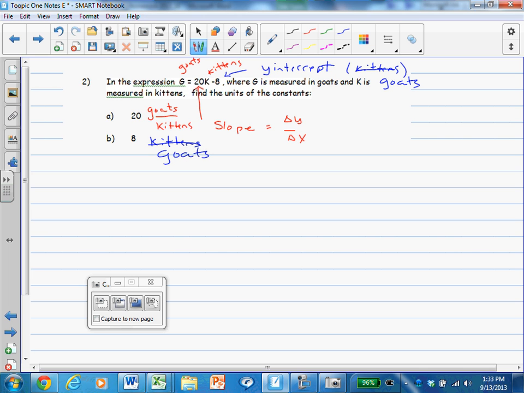So if I said, how many goats do you have if I give you 3 kittens? It's 20 goats over kittens times the kittens, which was 3 kittens, minus 8 goats.